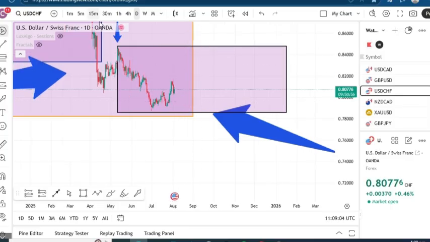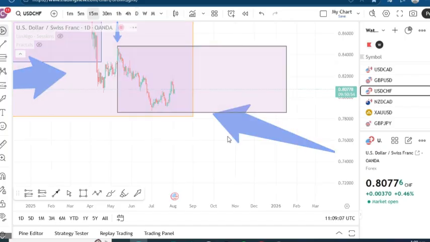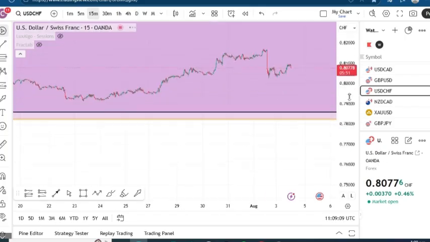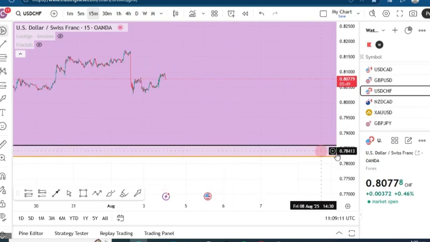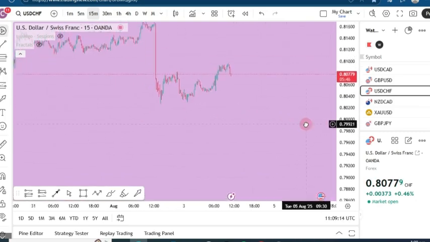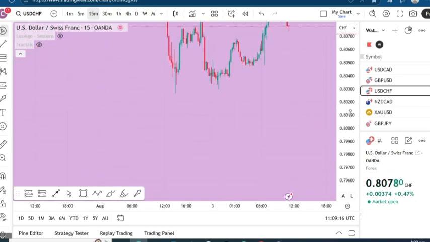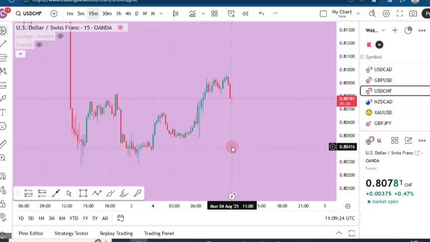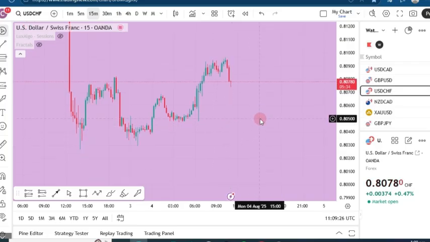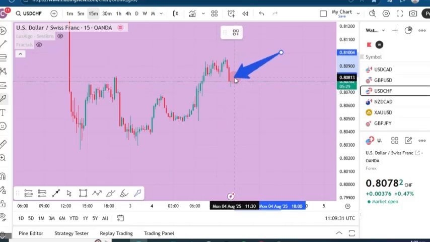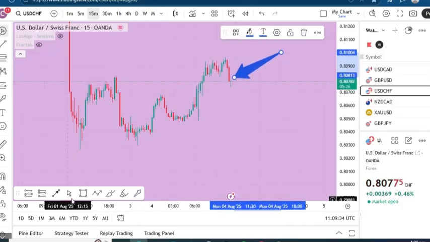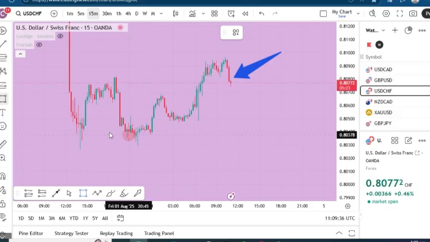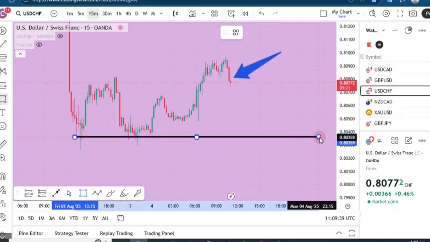But let's go on to the smaller time frames, the 15-minute time frame. On the 15-minute time frame, you know what you have to do now, since you can see the way price is acting. Now on the 15-minute time frame, I can just do something which is like the Conrad. We all know that price is going up, it means price is bullish, but I can do something that is just out of the ordinary and sell at this point where we are right now. Why am I selling? It's because I definitely know that price will be coming around this zone over here.